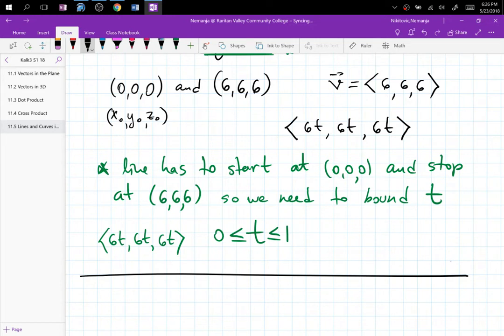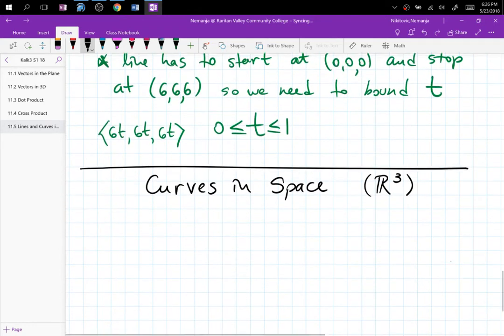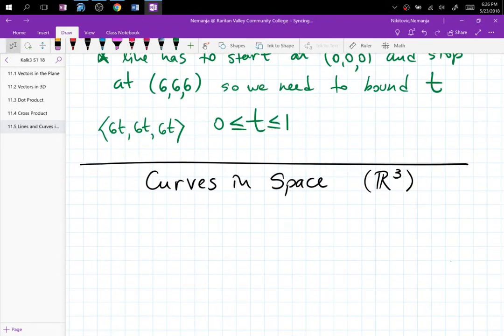Pushing forward: curves in space. We are going to focus on R3 again. The story goes, any dimension is fine.